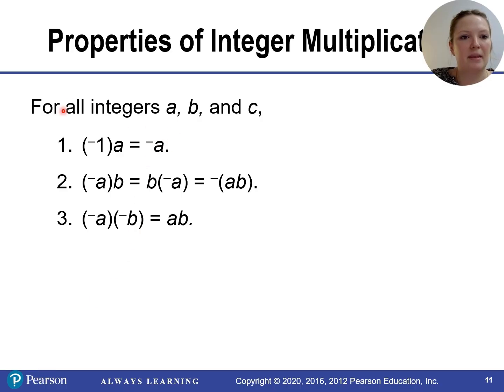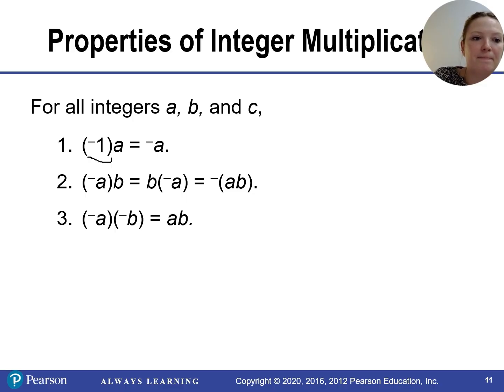So for any integers a, b, and c, we also have to think about what happens when we have negatives. The interesting part is that if we have a negative integer, or the negation of an integer, that's just the same as if we took -1 times the integer that's not being negated.